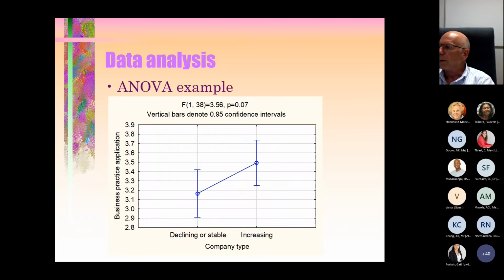At the top of the graph are given some statistics, which I'm not going to go into any details about now, except to say that we will guide you in terms of how to interpret results once we have provided a statistical analysis for you.